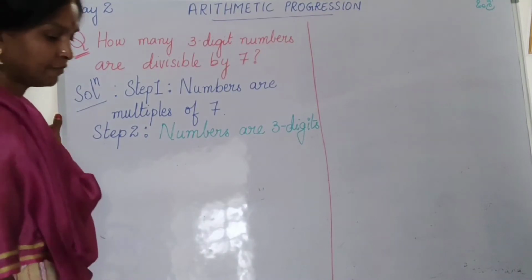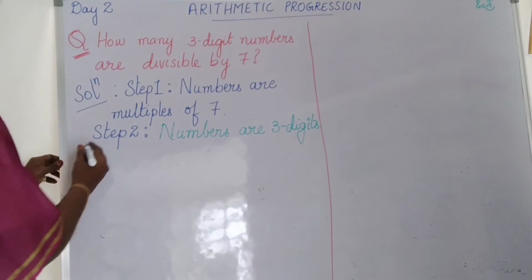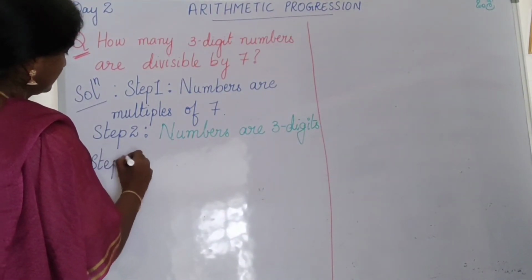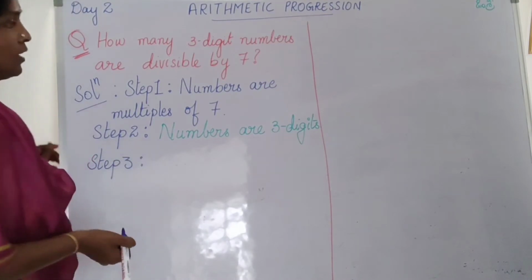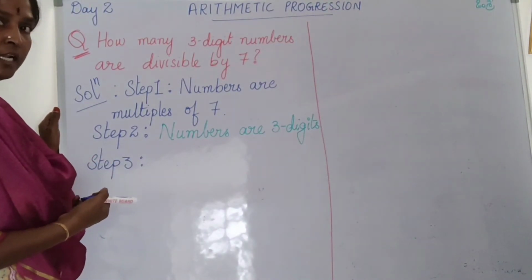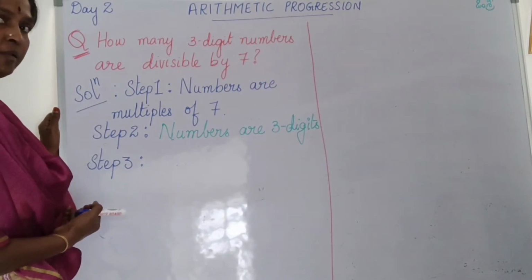So, the next step will be to identify the least 3-digit number that is divisible by, or is a multiple of, 7.